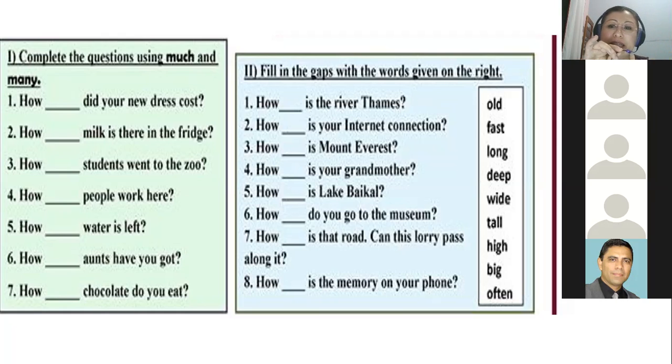Okay, my dear. So I think that by now it is clear how you can mix the word how, which is a WH word used to make questions, with some key adjectives: old to talk about age, fast to talk about speed, long to talk about distance, deep to talk about capacity, wide to talk about dimension, tall to talk about height, high to talk about height also, and often to talk about frequency.